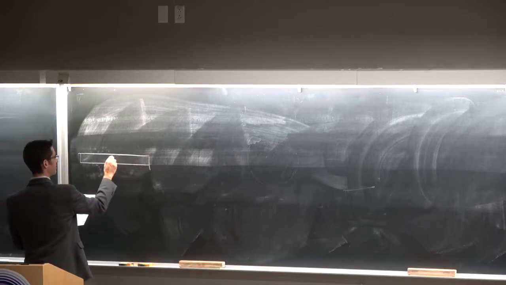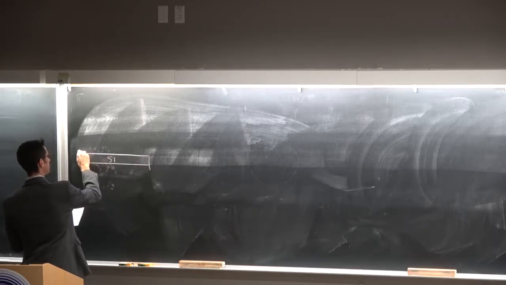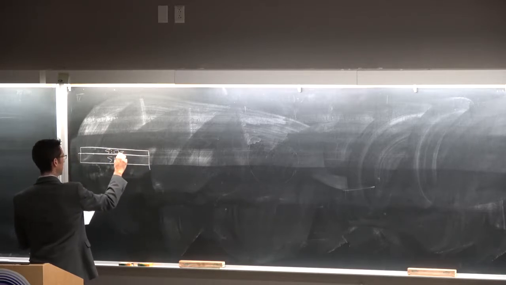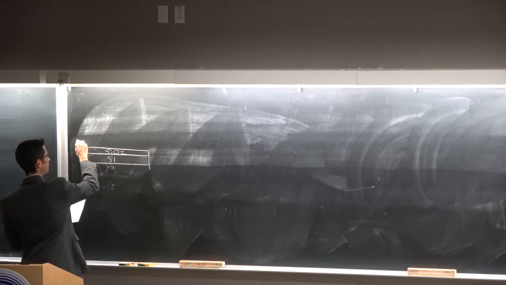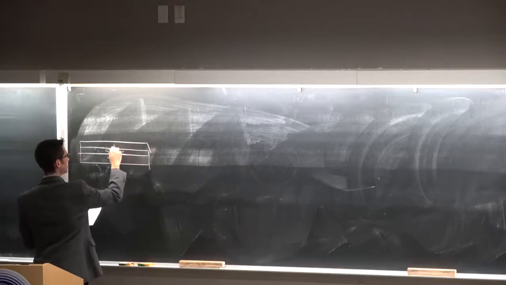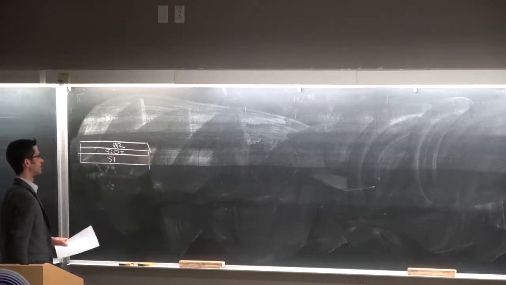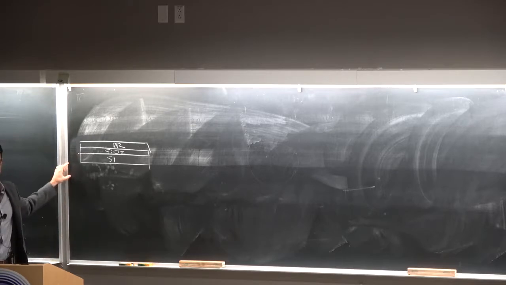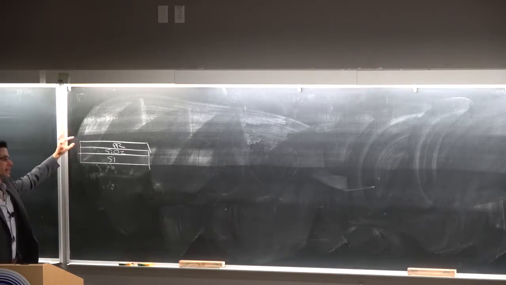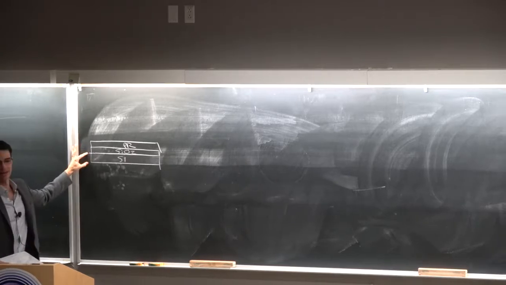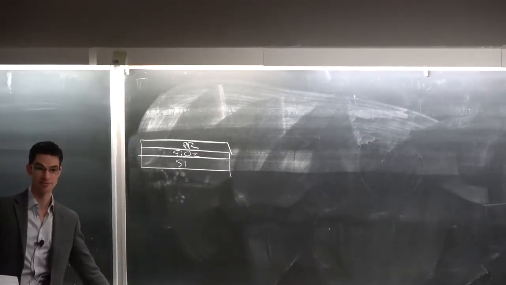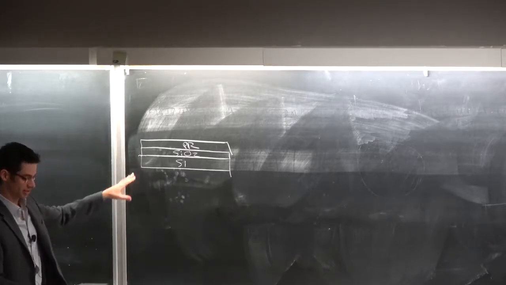So now we have Si, SiO2, and photoresist. Now, of course, the silicon is much thicker than I've drawn it here. This is 100 nanometers-ish, and this could be 100 microns. This would really go down into the depths of Hades, but I'm not going to draw it that way.